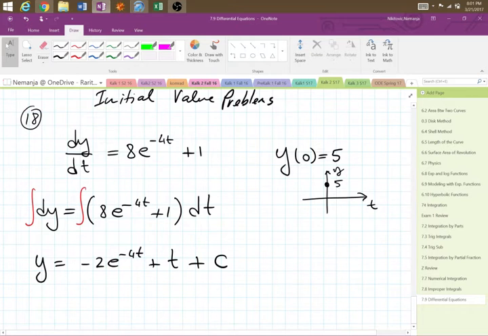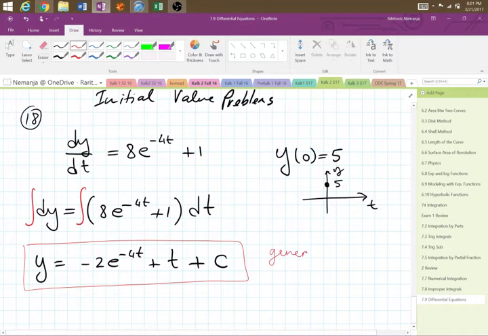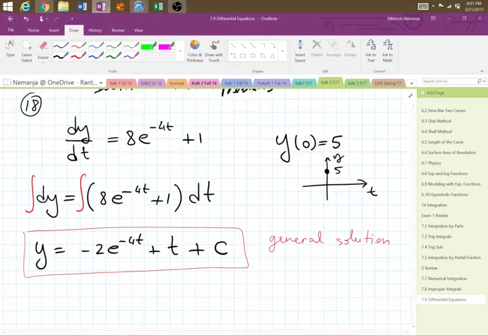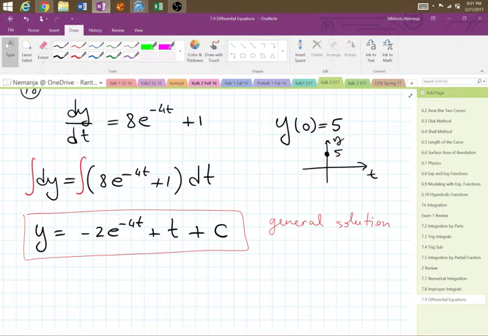Now, I am going to box this because this is what we call general solution. It has this plus c. But because we have this initial point, I can compute the value for c.